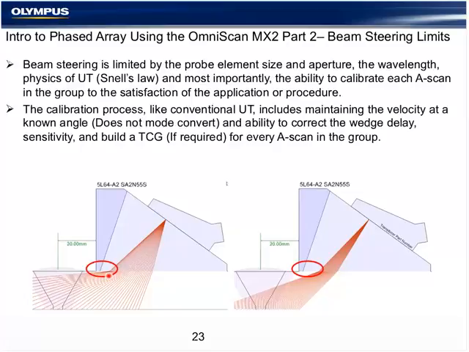The size of the elements in the probe is the main determining factor on how the beam can be steered beyond its natural angle. But again, a shear wave wedge at 55 degrees is typically calibrated between about 30 and 75, depending on the type of calibration reflector and use in the normal code calibration blocks.